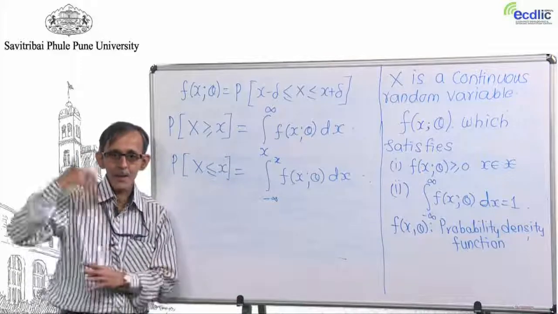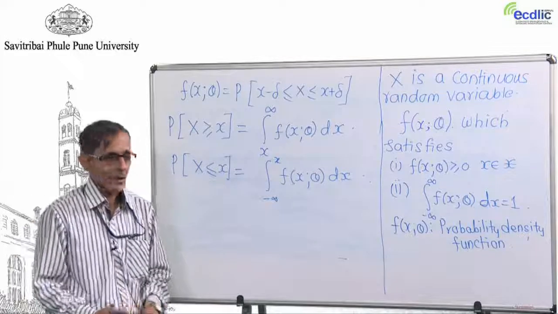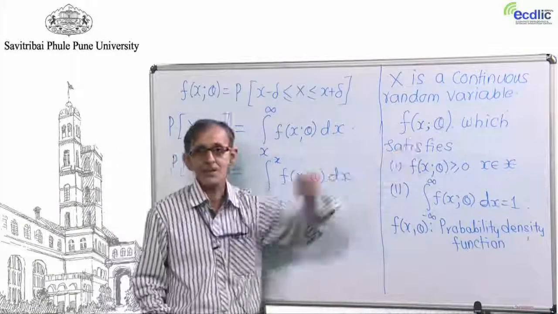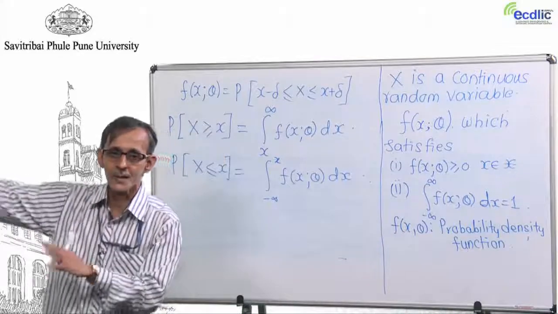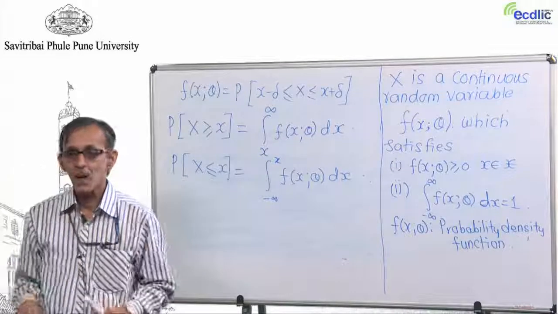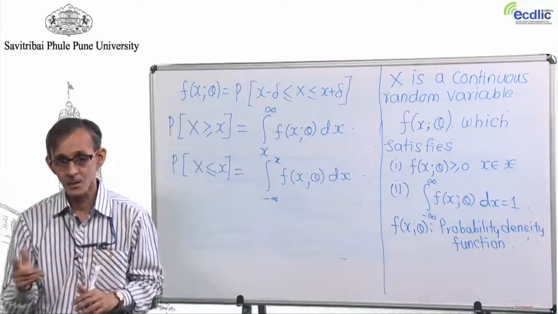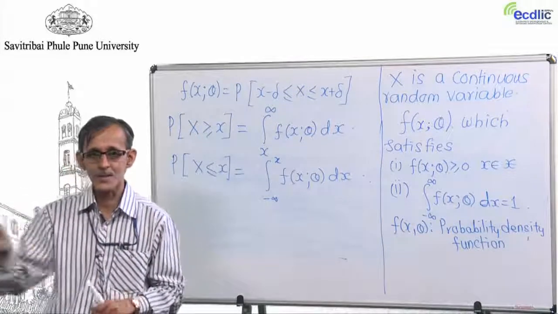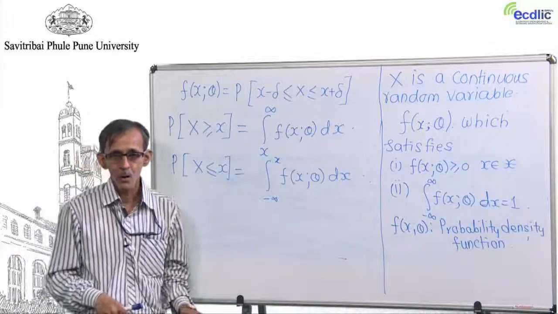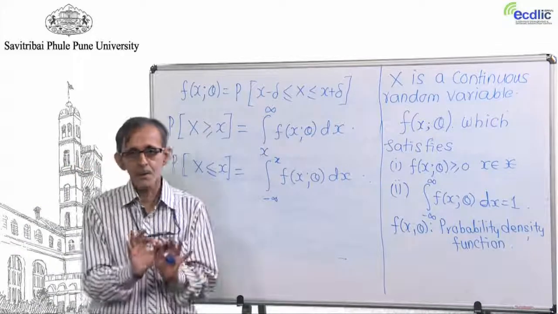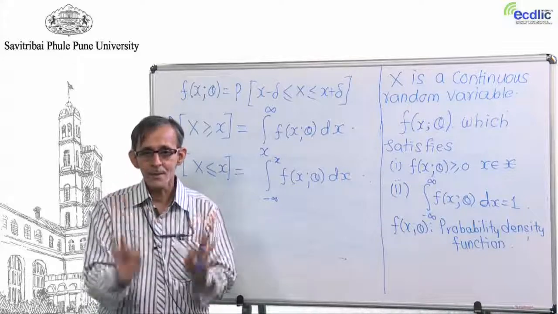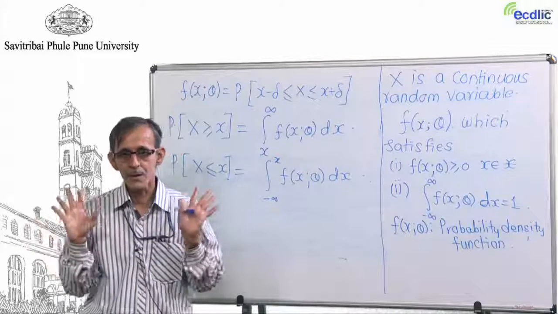And what we are dealing with in stochastic processes is one step ahead. We are going to deal with the sequence of these creatures x1, x2, ..., xn. That is what I defined earlier. It is a sequence of random variables. I have not yet defined what is a sequence. We will see step by step. But at the moment, we are dealing with a random variable, that too a real valued random variable.